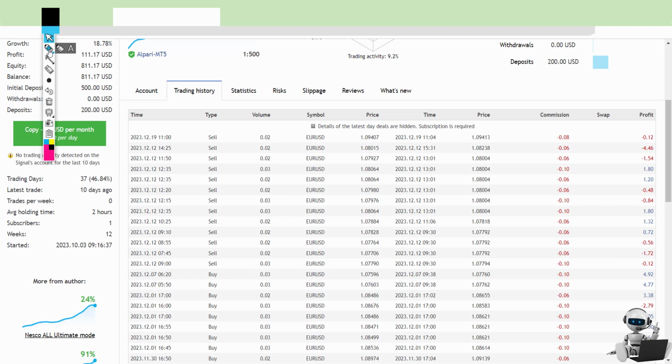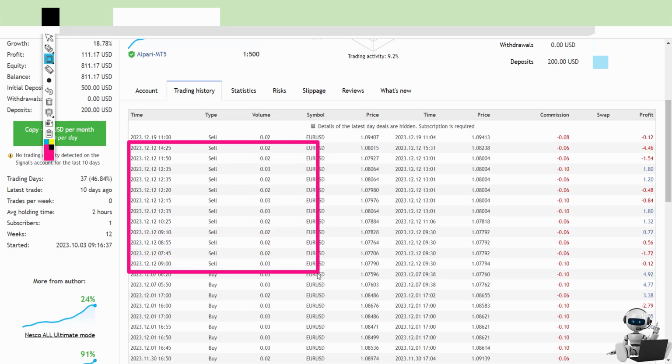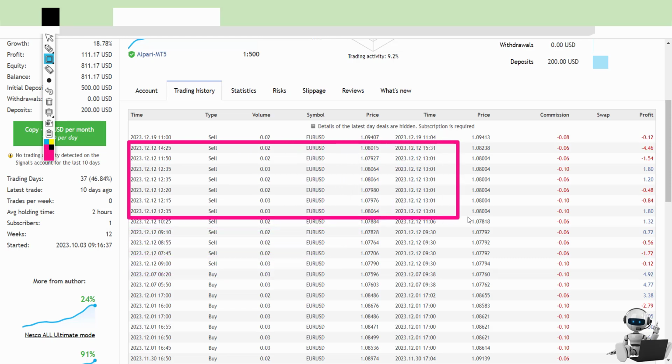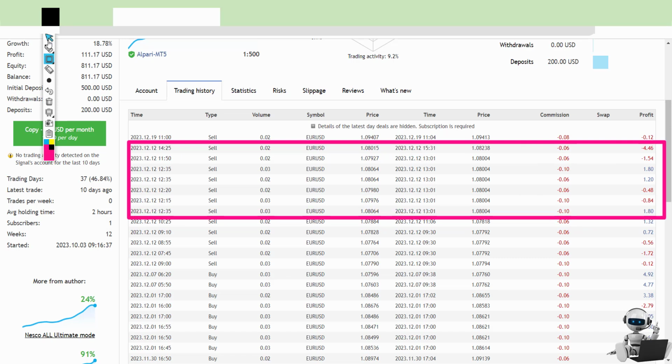And you can see for the trades, it only trades Euro US dollar, but for example, in one day it can open like 5 trades or 6 trades. So you can see it opened at 12:35, and then all of them are closed at the same time. So that means it can open almost 4 to 5 trades to cover, and it also increases and decreases lot size.